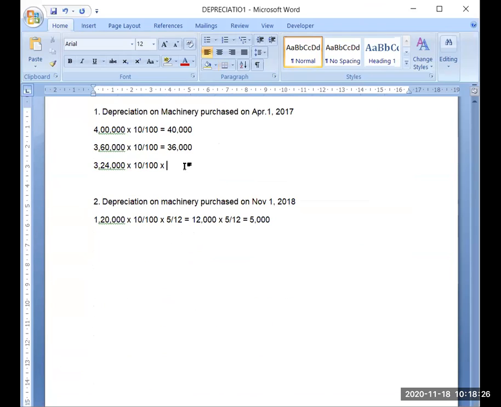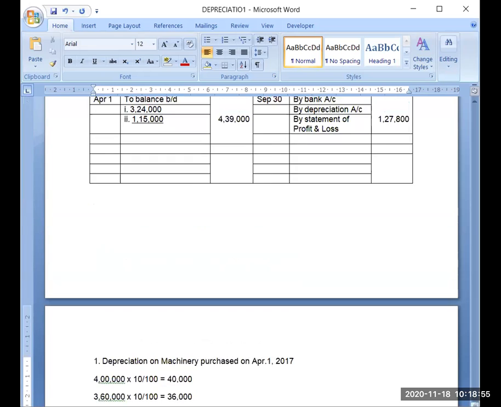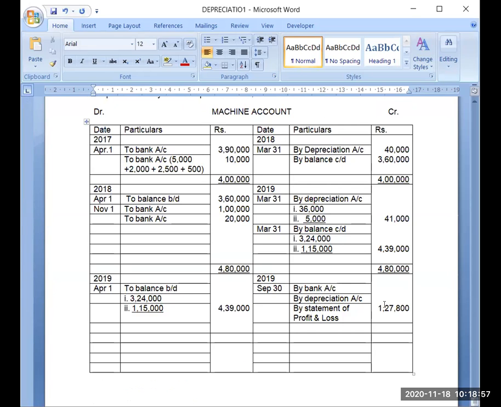So for 6 months we have to calculate the depreciation this time. So it will be 32,400 divided by 2, and it will be 16,200. So this depreciation will be 16,200.